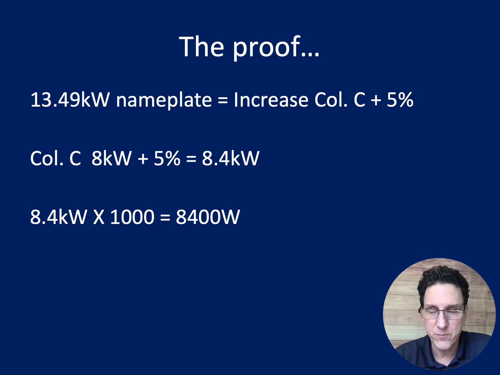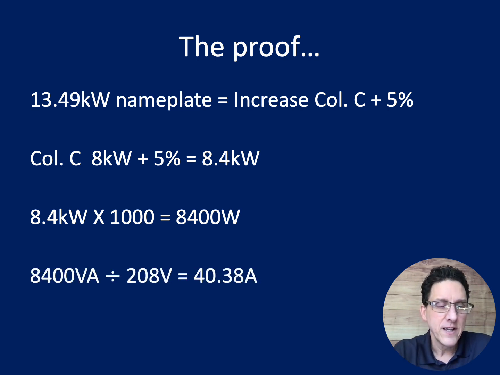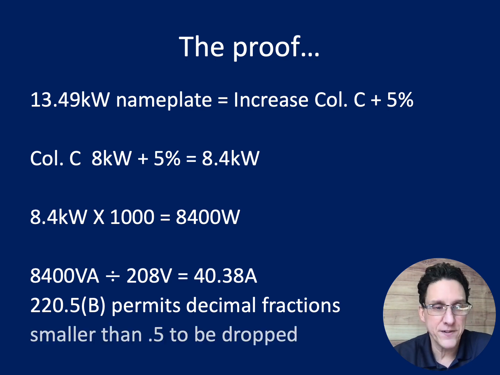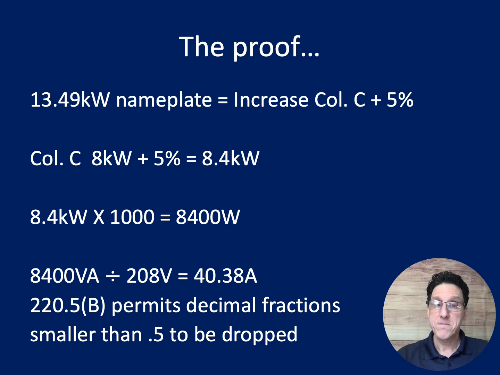They're the same for the purposes of these calculations. 8,400 volt amps divided by 208 is 40.38. Well, we have a fraction here. Do we have to round up to 41? No. 220.5(B) permits decimal fractions smaller than 0.5 to be dropped. Very cool. So we can just say it's a 40 amp circuit. There's your proof.